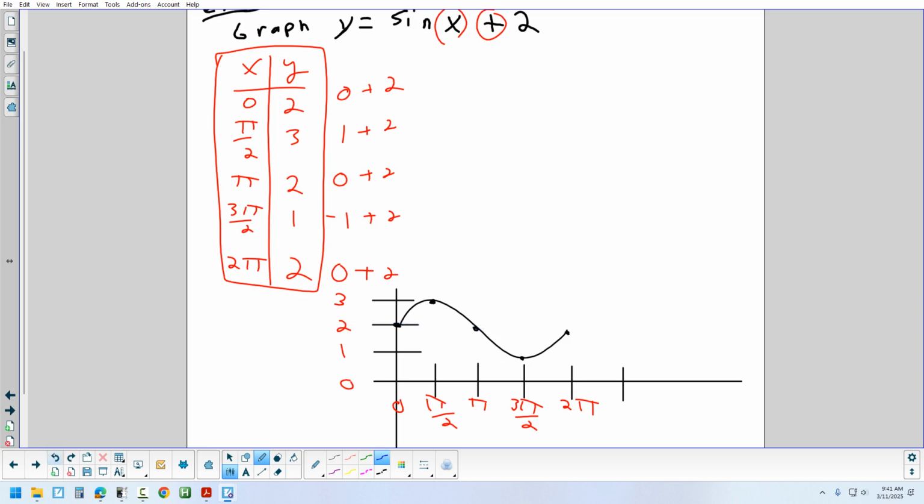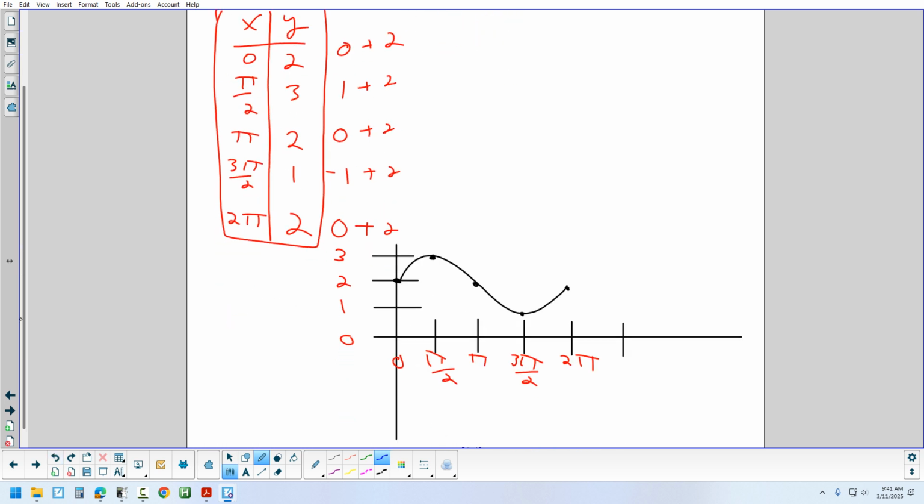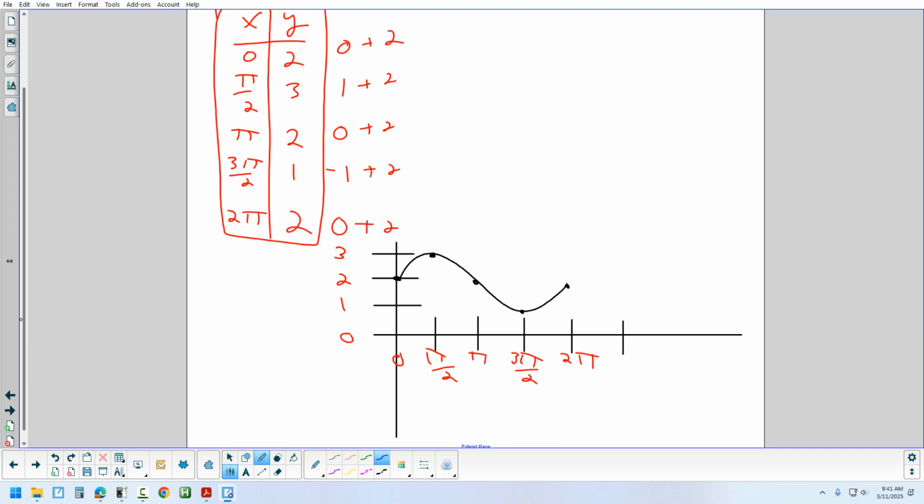If I asked you what is the highest y value that the graph ever hits, what would that be? That would be 3. Everyone understand the difference between those 2 questions? Anything else on that one?